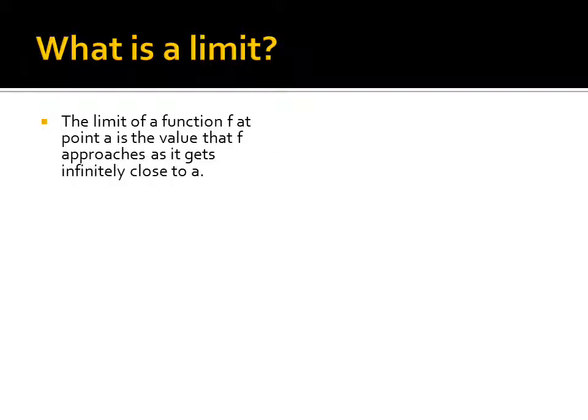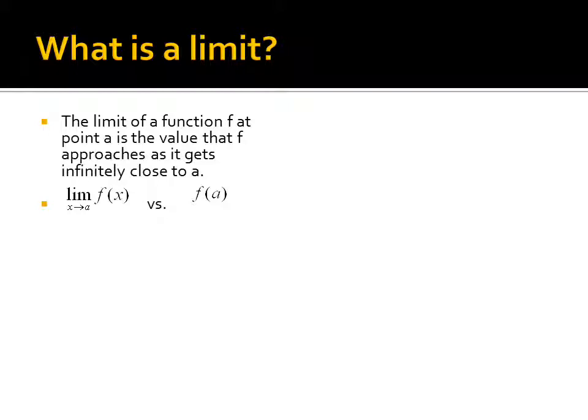It is not the value that f takes on when it hits A. It's the value that f approaches, that f gets close to, as x gets close to A. In other words, as you move along the graph towards the point A and f of A, what number do you get near if the trends continue, not what value do you actually take on.